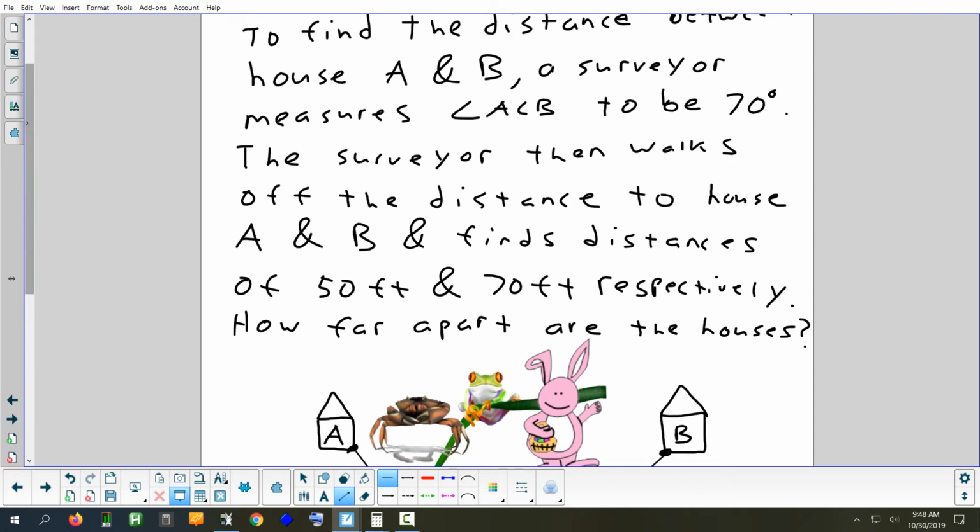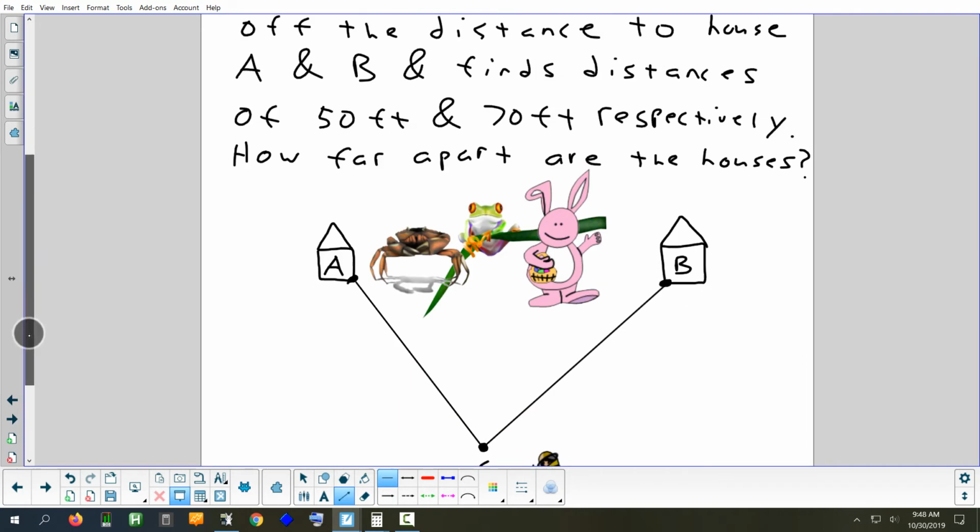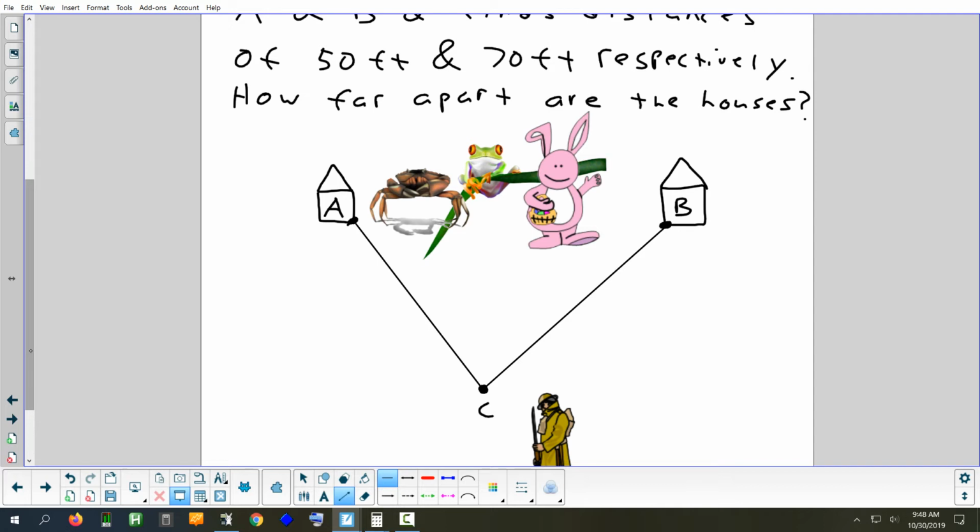So it says the distance from where the surveyor is standing to house A is 50 feet, and to house B it's 70 feet. So this is 50, and the other one is 70. What did it say that the angle was between the two houses? 70.